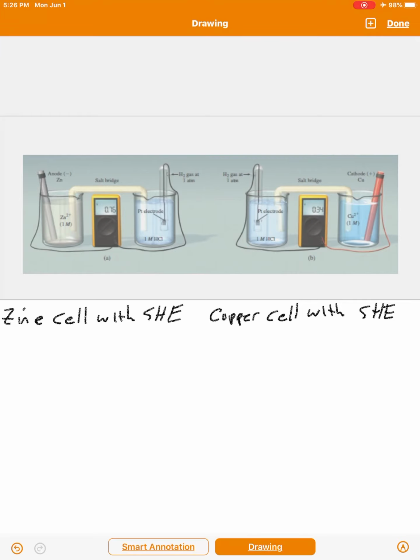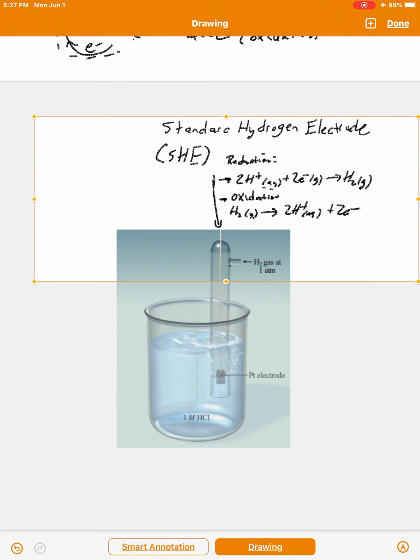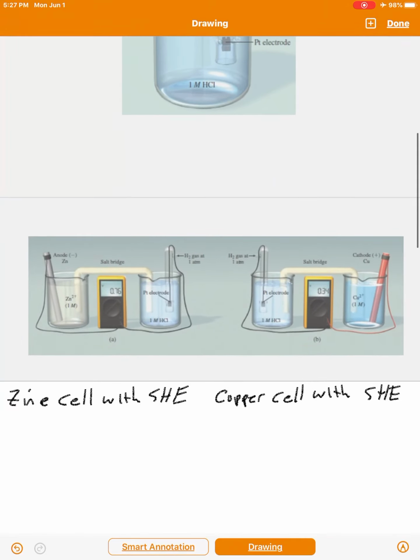The fact that that is positive and the platinum is connected, the standard hydrogen electrode is connected the way it is, we'll get into this in a bit, suggests that the hydrogen is being reduced and the zinc is getting oxidized. Okay? So on the left, hydrogen is getting reduced, zinc is getting oxidized. So what's happening chemically is, at least for the hydrogen, that's happening. It's getting reduced. The one on the right, the diagram on the right, is the reverse.